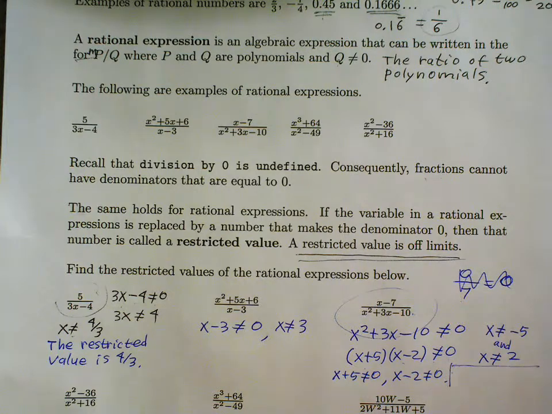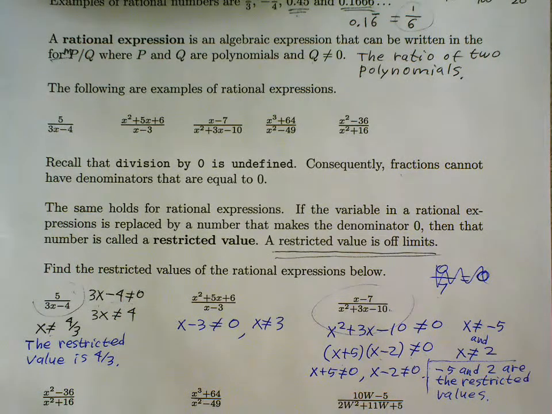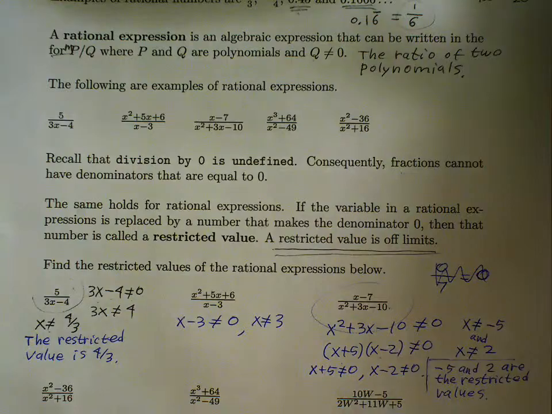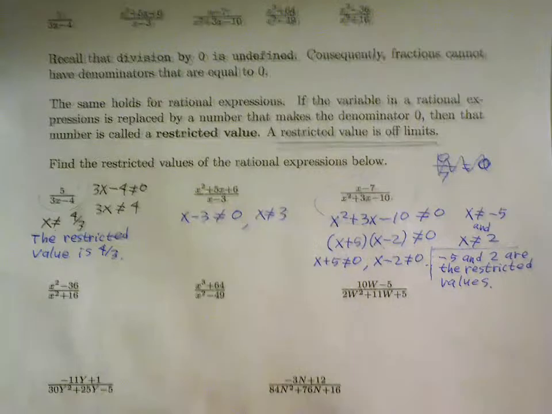Or you can just say -5 and 2 are the restricted values. Okay, let's move on to the next row of examples.